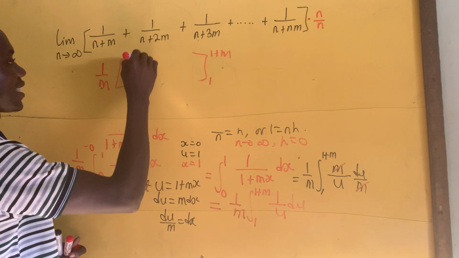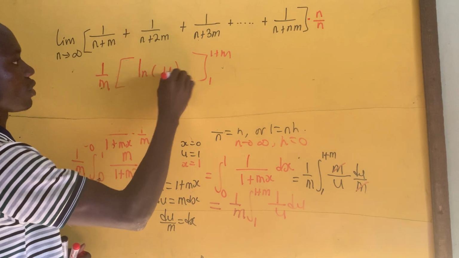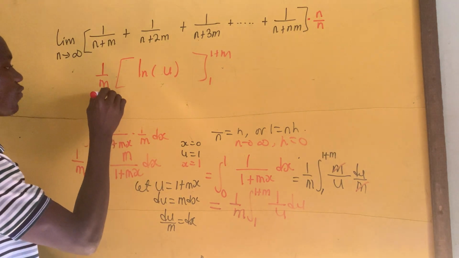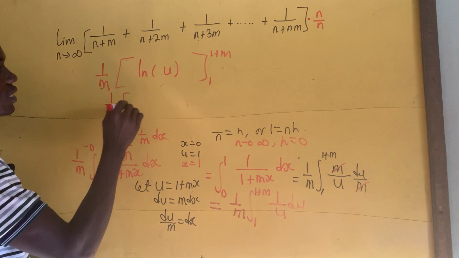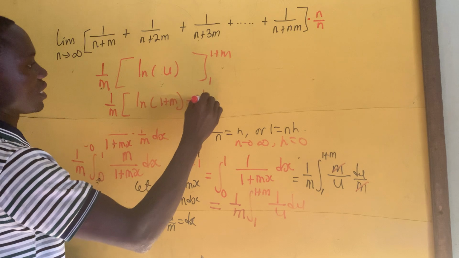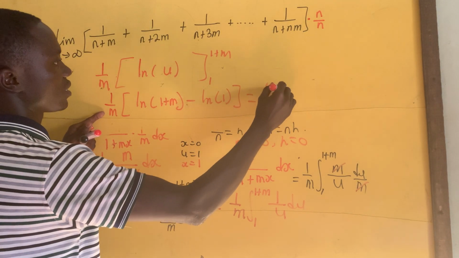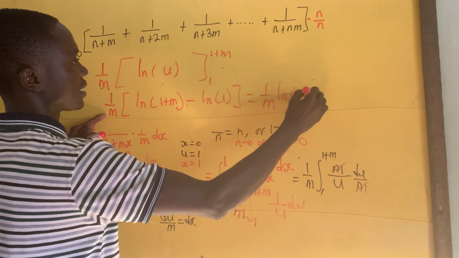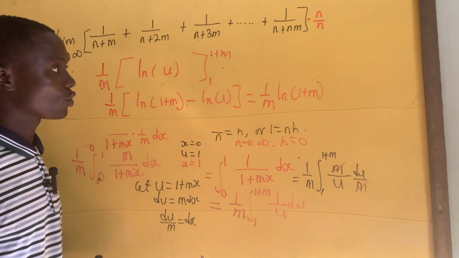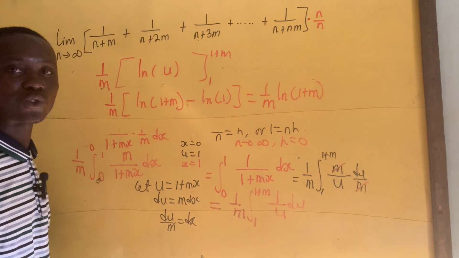We just take ln of u and do our substitution, because the limits have been changed to u. So we have 1 on m times ln of 1 plus m minus ln of 1. And this is 1 on m ln of 1 plus m, because ln of 1 is 0. So this is a very nice solution.